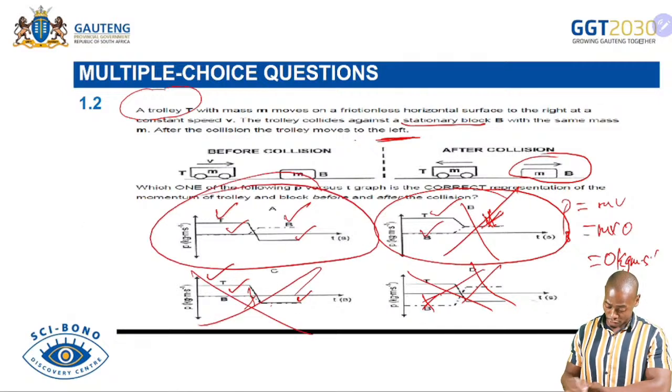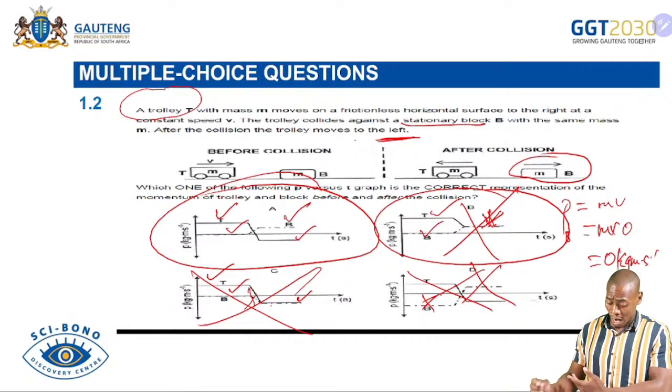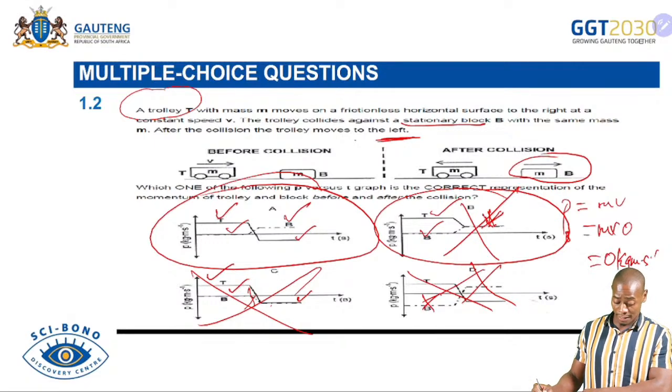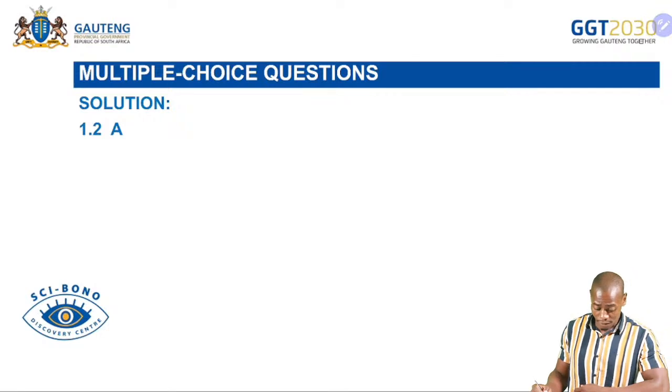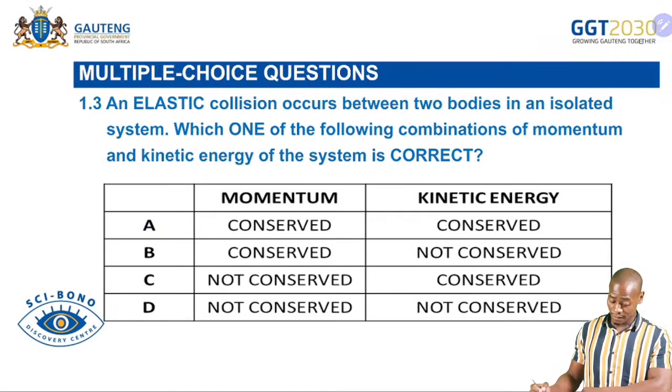Our correct option will be A for 1.2. I hope learners have seen how we eliminate the wrong answers. So the correct answer here is A.